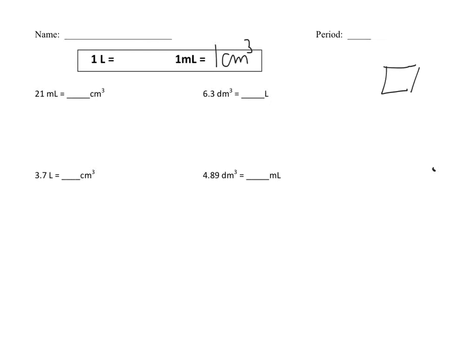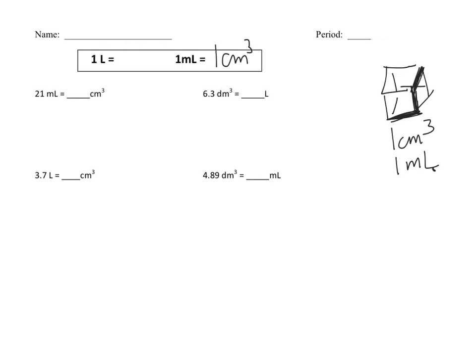I can't draw very well, but let's say that's a cube here. The dimensions of this cube are 1 centimeter by 1 centimeter by 1 centimeter, so the volume of this cube is 1 centimeter cubed. Then that volume is equivalent to 1 milliliter.